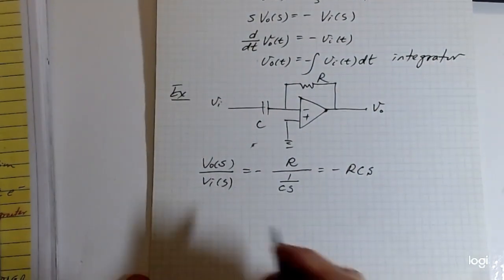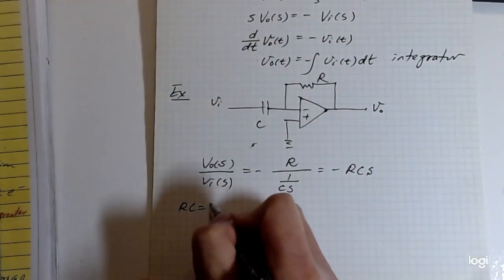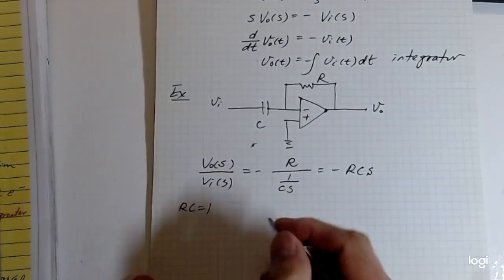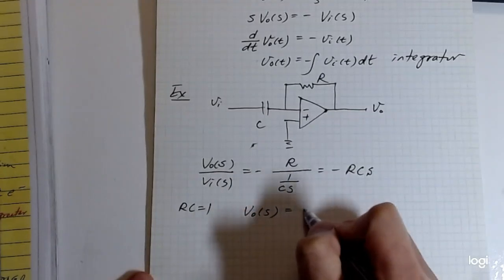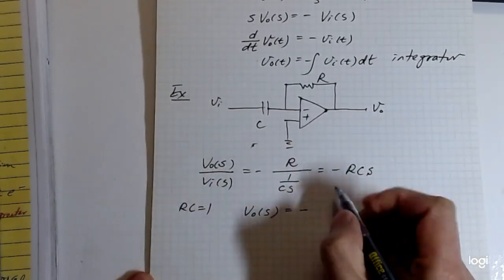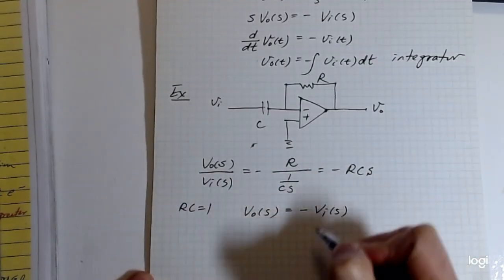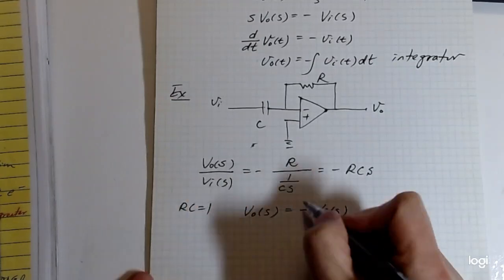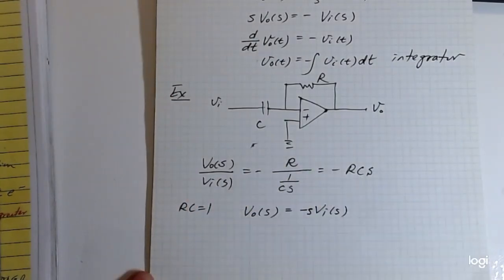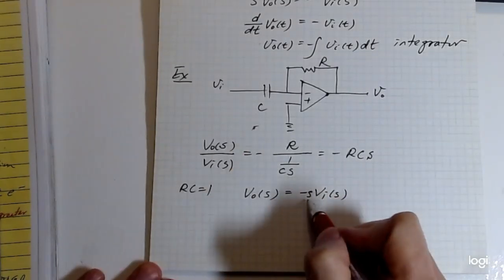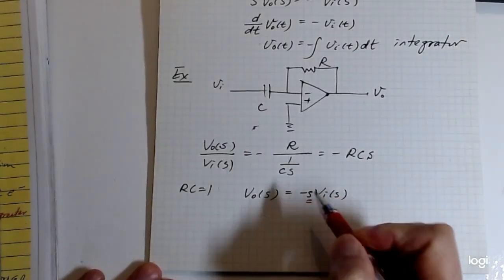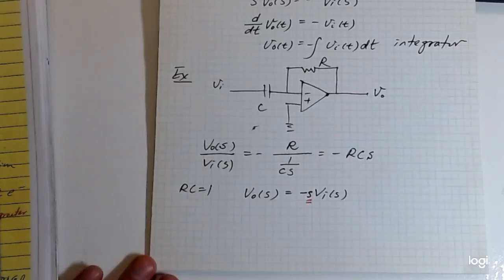Again, if you set RC equal to 1, VO of S equals minus S times VI of S. Again, S here in the time domain is a derivative.